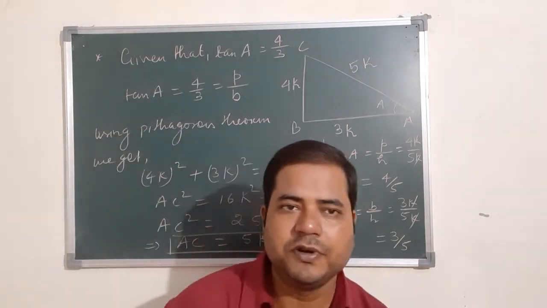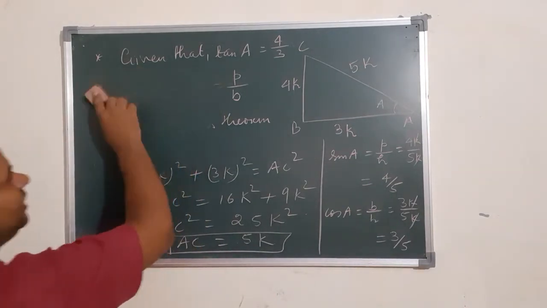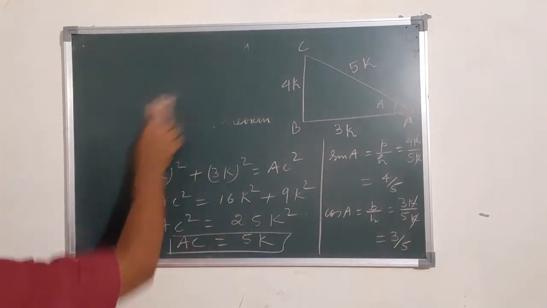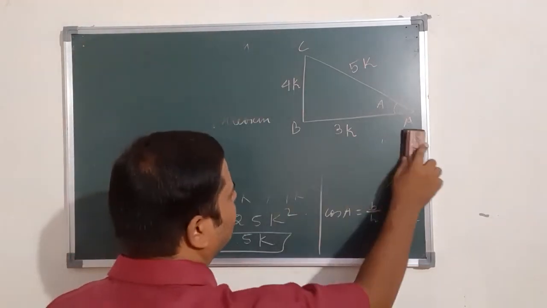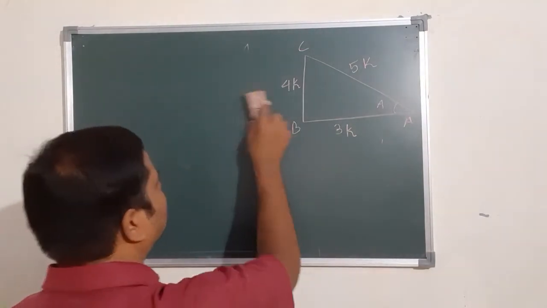I hope you have completed this one. Now, next example. Consider a triangle ABC. See the example, consider example number 3 from NCERT.